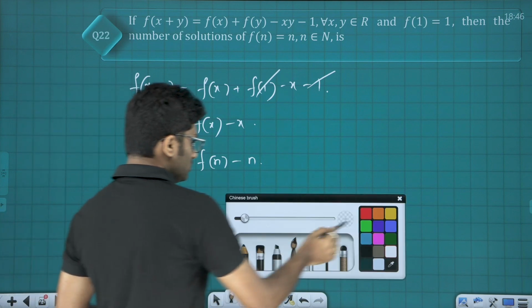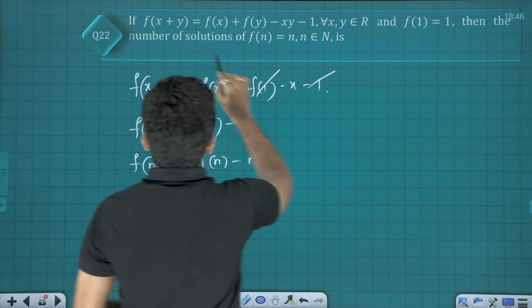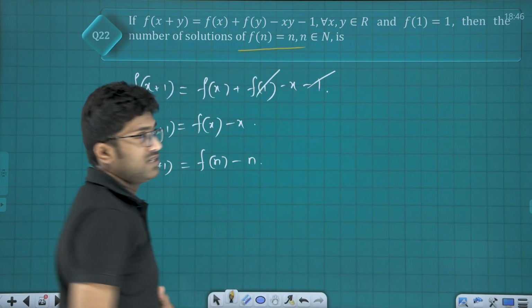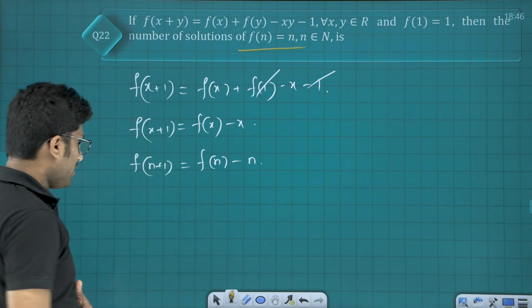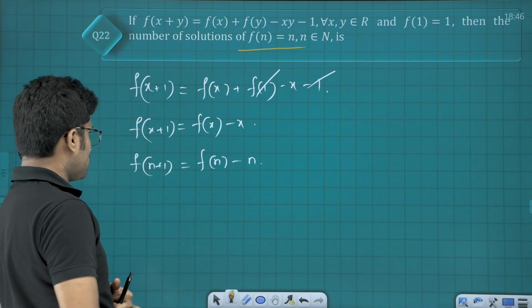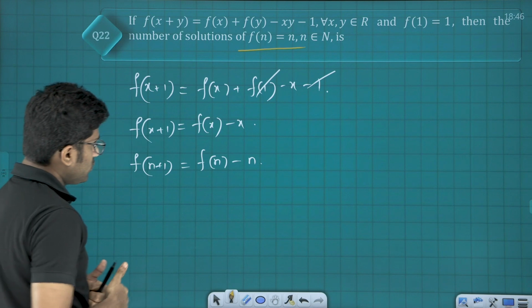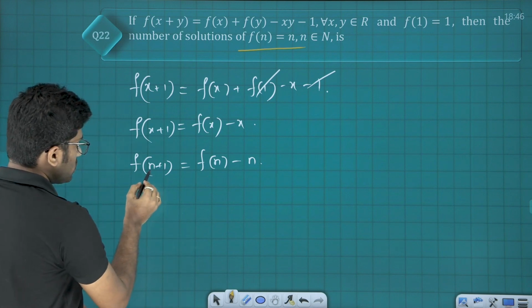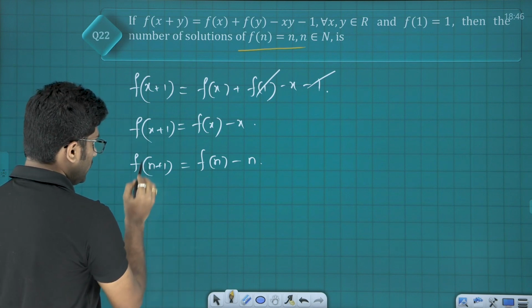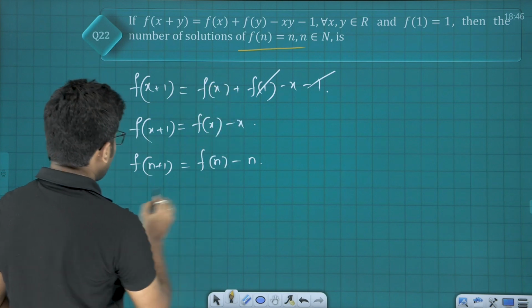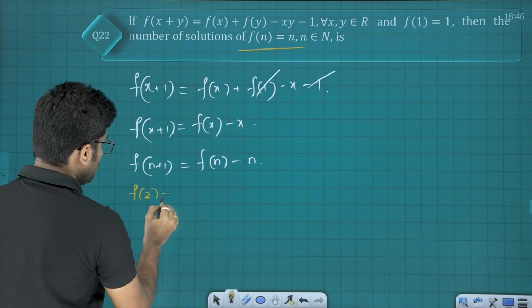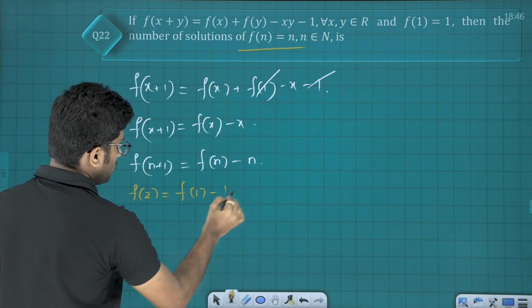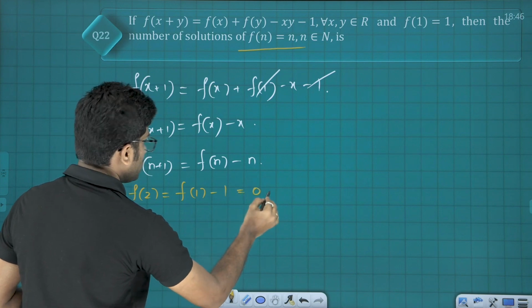Okay. Now what they are saying is the number of solutions for f of n is equal to n, where n belongs to capital N. If you put n equal to 1, f of 2 is equal to f of 1 minus 1. F of 1 is 1, 1 minus 1 is 0.